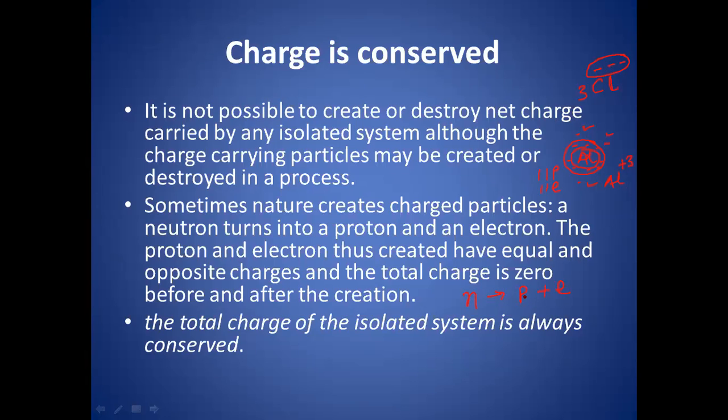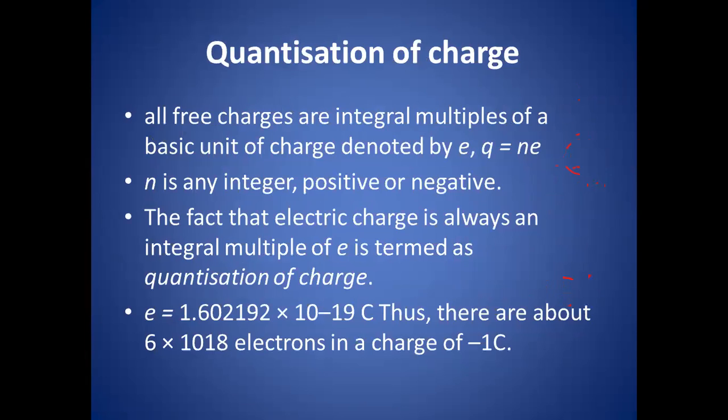Proton has one positive charge, electron has one negative charge, so after breaking, its total charge is again 0, as before. The total charge of an isolated system is always conserved, which means it does not change.